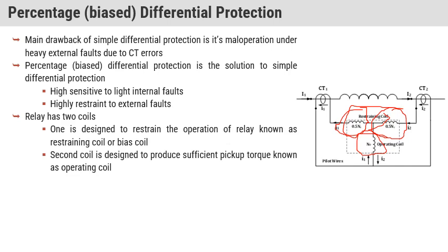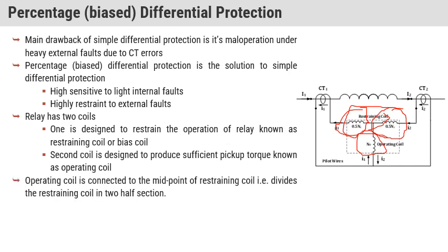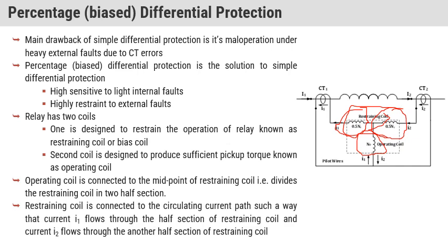The second coil is designed to produce a sufficient pickup torque, known as the operating coil. The operating coil is connected to the midpoint of the restraining coil, dividing it into two half sections. The restraining coil is connected to the circulating current path in such a way that current I1 flows through one half section of the restraining coil and current I2 flows through the other half section.